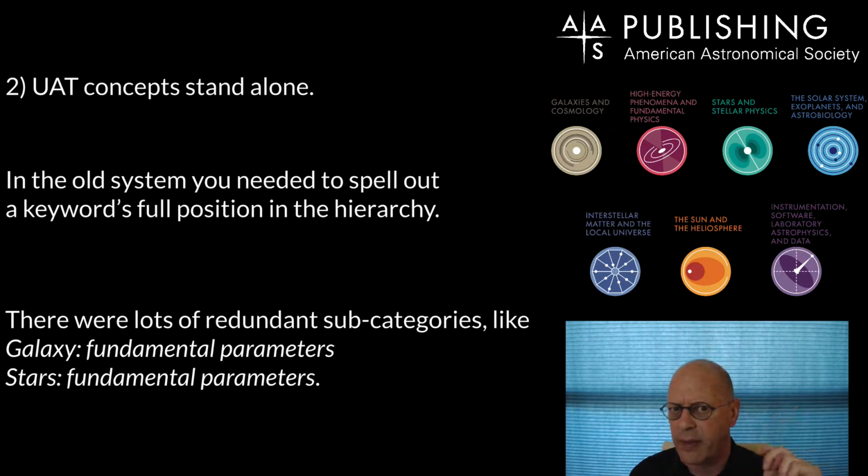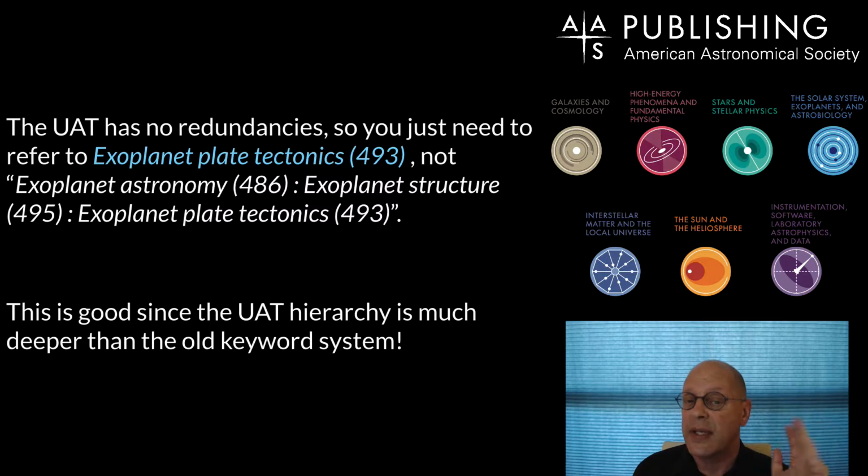So we've got fundamental parameters twice, depending on which class of objects you're talking about. That's a little nutty, and the UAT does not have that. You just need to refer to, for example, exoplanet plate tectonics 493, and not exoplanet astronomy 486, exoplanet structure 495, exoplanet plate tectonics 493.